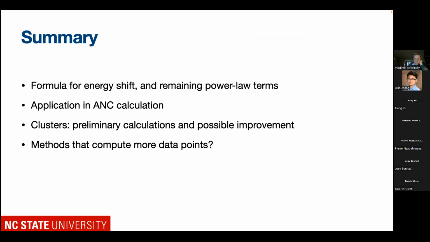And as a summary, we have developed methods to calculate the energy shift using this long-range force, and we also see how the remaining terms change. We are also trying to apply this scheme to the ANC calculations, and we found some problems related to clusters.